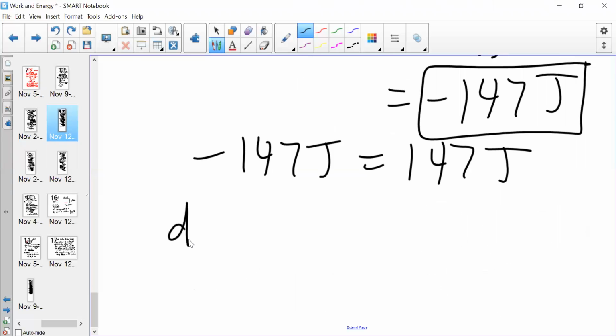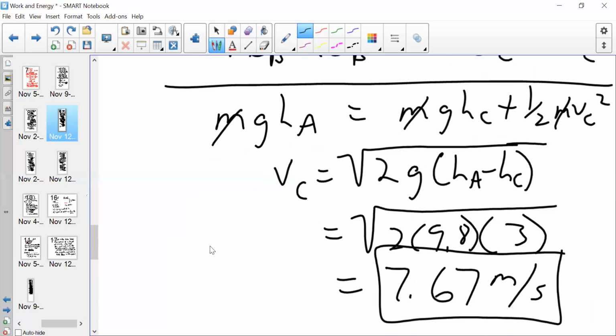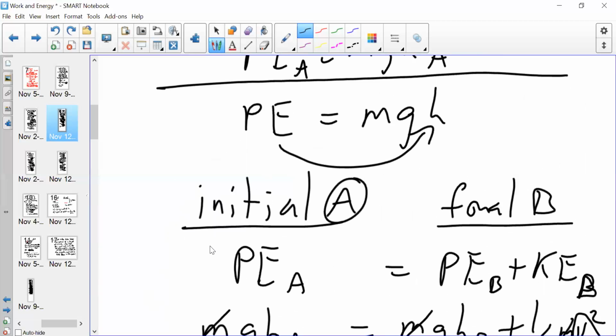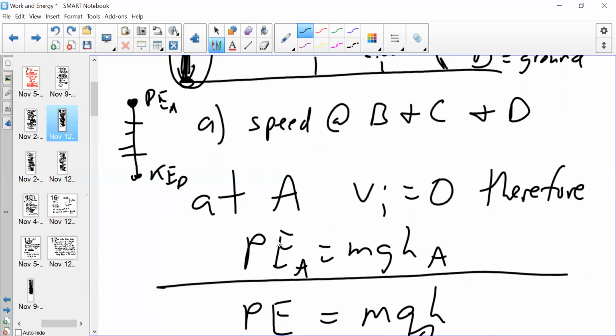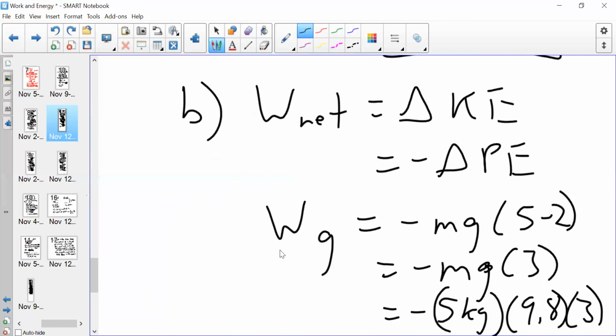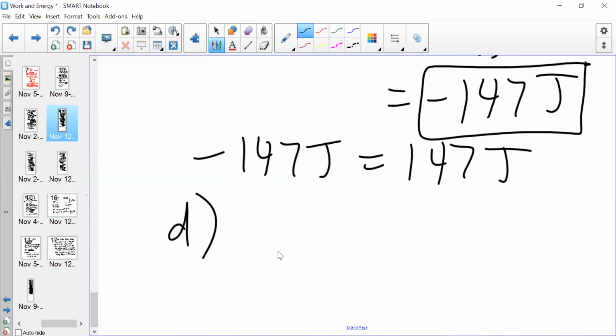And then D, I was saying find the speed at D. That's the easiest case because we're going from start to finish.